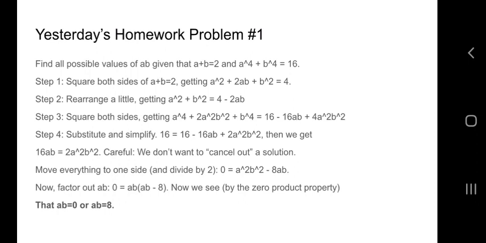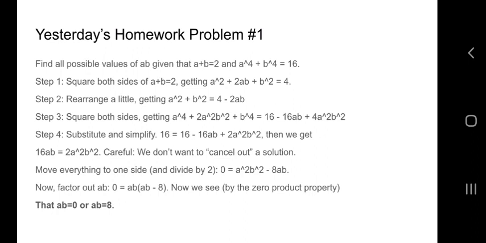But we can only cancel ab from both sides if we know that what we're canceling is not equal to 0. We can always cancel something from both sides of an equation if we know it's not equal to 0. But we don't quite know that. When the question says find all possible values of a, b, it could be 0.